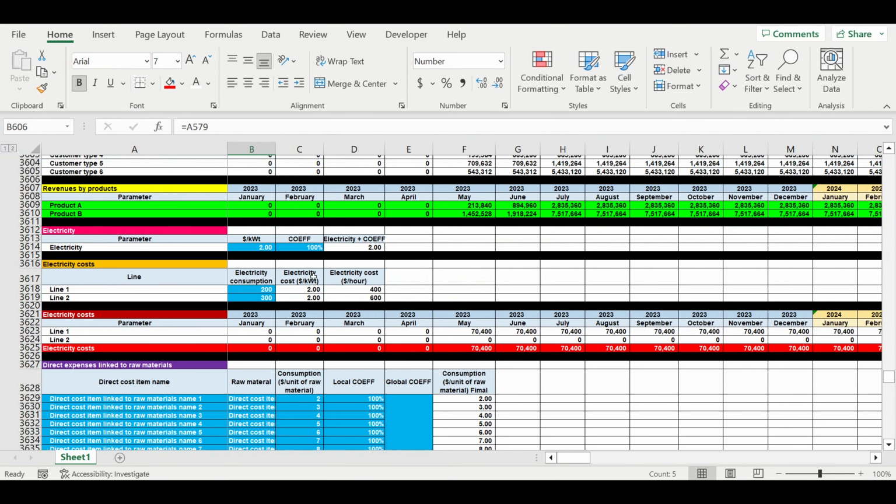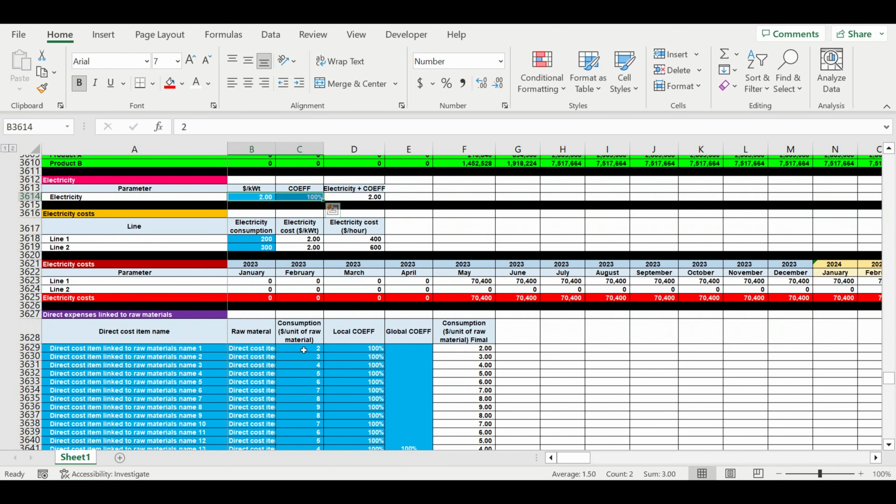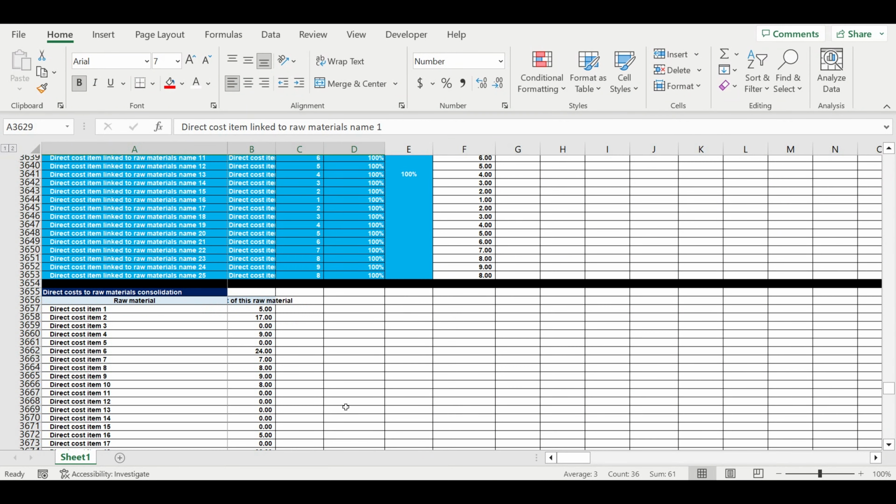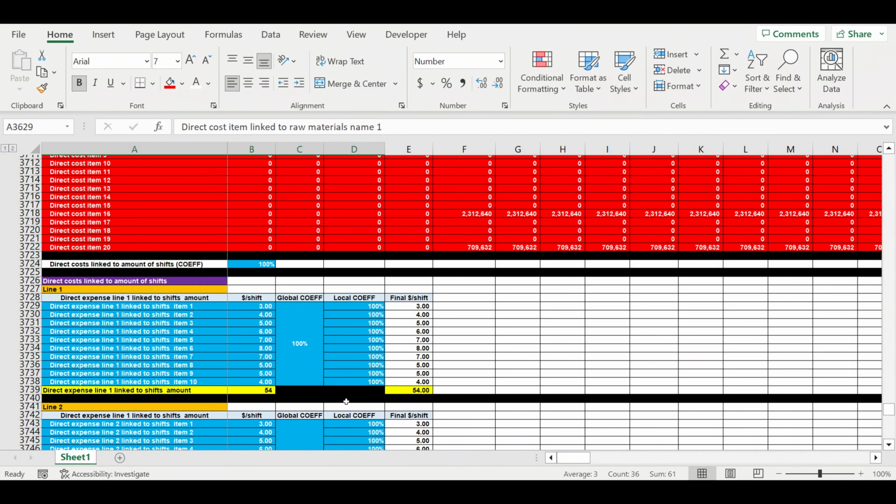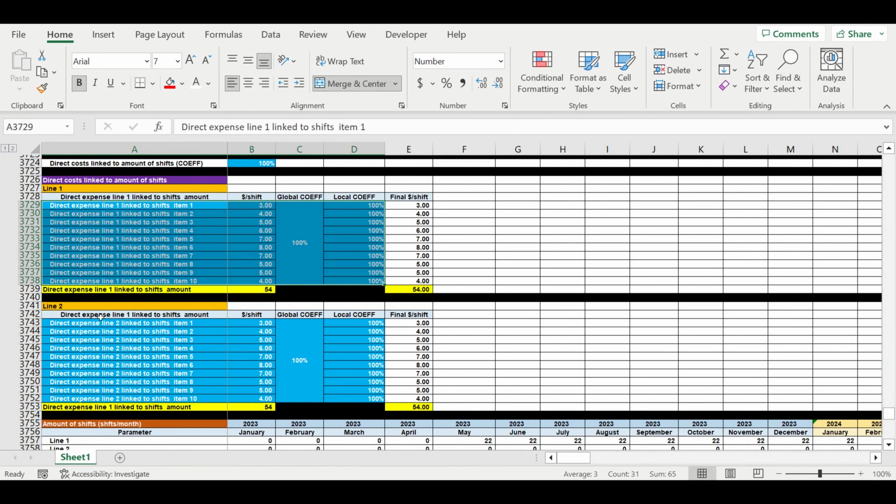Then we were modeling electricity costs. Then we moved to the direct expenses linked to the amount of raw materials needed for the manufacturing process. Then we moved to direct costs linked to the amount of shifts that we worked during this or that month for line 1 and line 2.